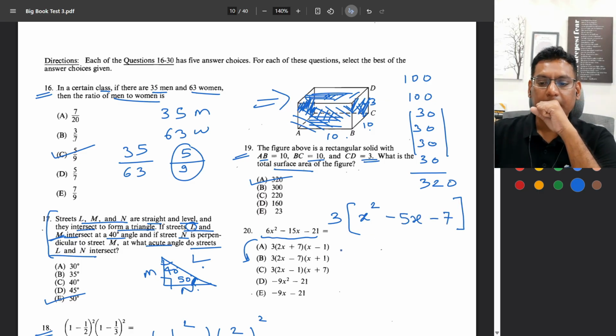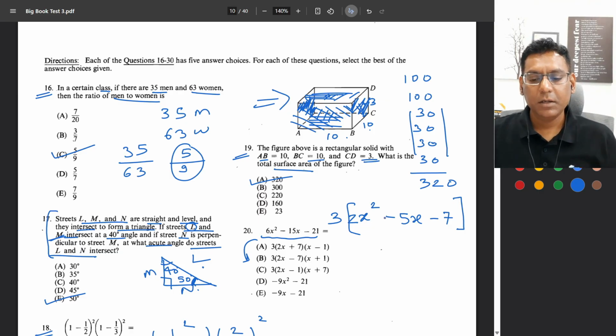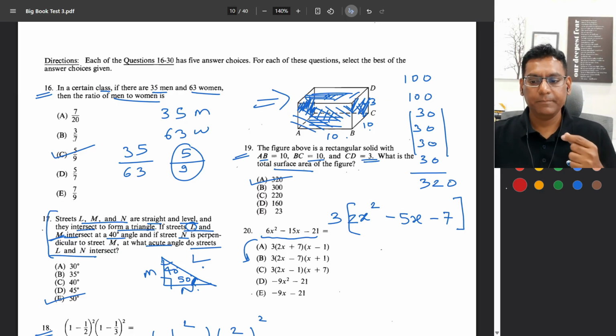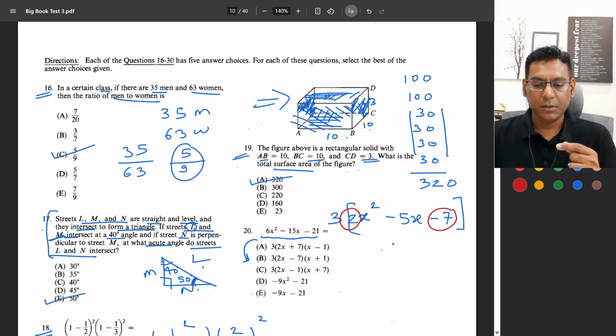Oh, sorry, 2x square minus 5x minus 7. Now again, we can't take anything common here. So we'll have to find two numbers such that their product is this into this. So the product is minus 14, right? And their sum is minus 5. Product has to be minus 14 and sum has to be minus 5.